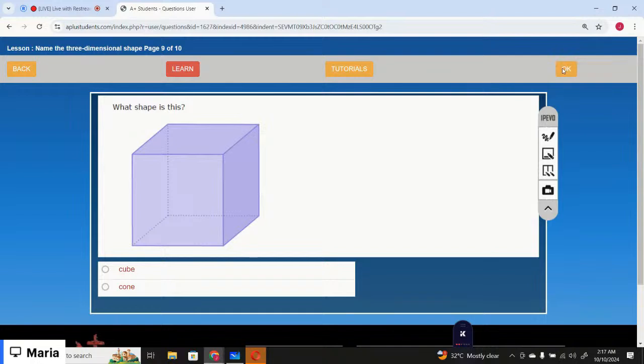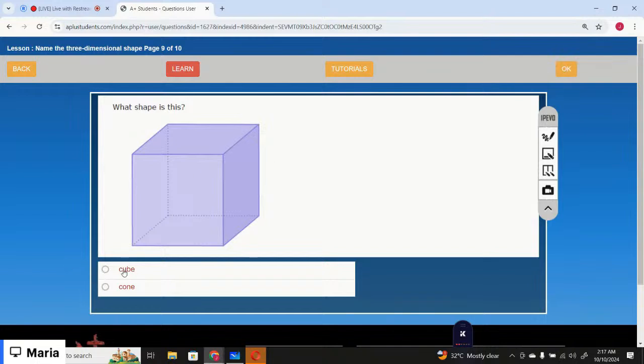What shape is this? Cube or cone? Which is the correct option? That is a cube.